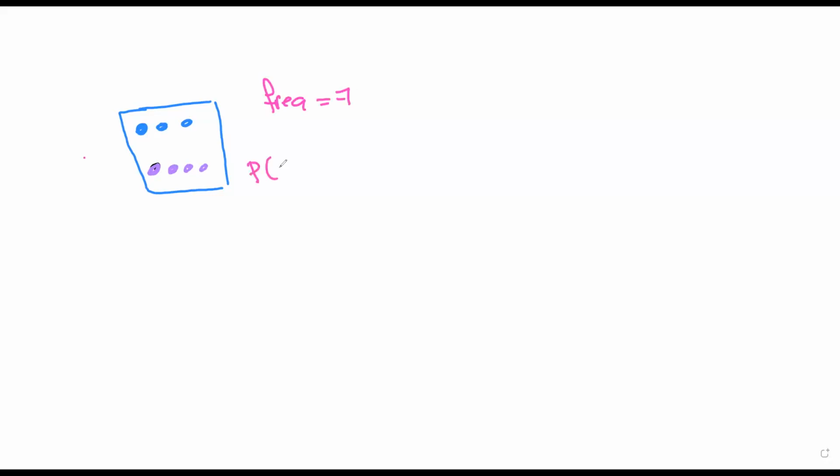If I ask you to find the probability of the blue, I'm sure that all of you would know that the answer is 3/7. And if I ask you to find the probability of the purple, it would be 4/7.